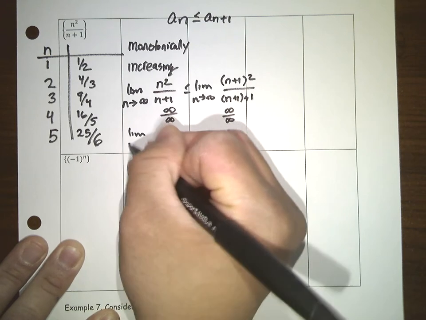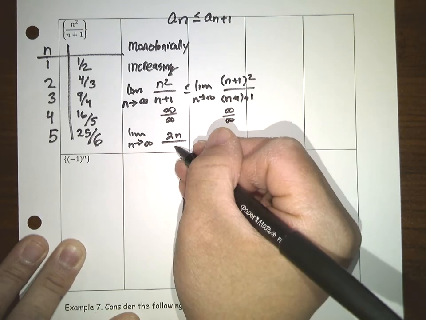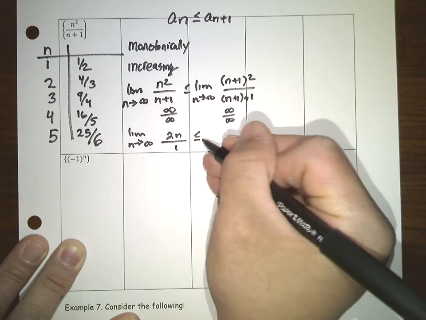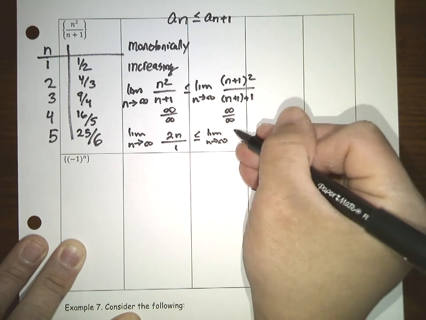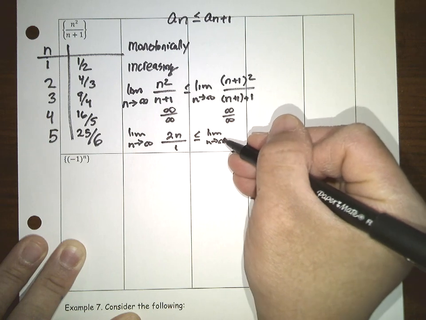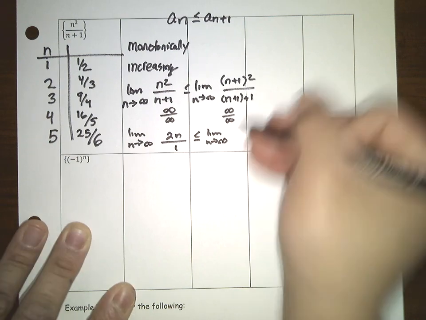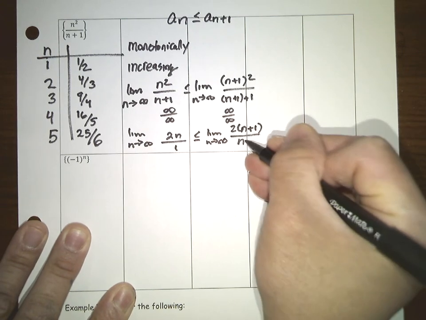So I have the limit as n goes to infinity of 2n over 1, and then the limit as n goes to infinity of 2n plus 1 all over n plus 2.